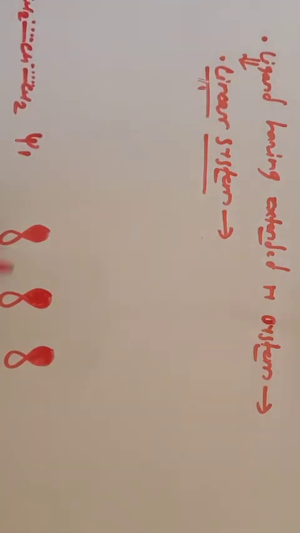This is your psi 1, there are no nodes, so this is your bonding interaction, and 2 electrons are involved in this bonding interaction.